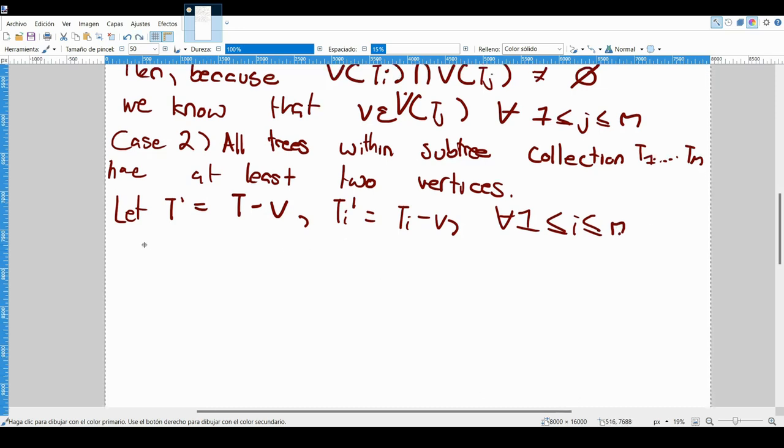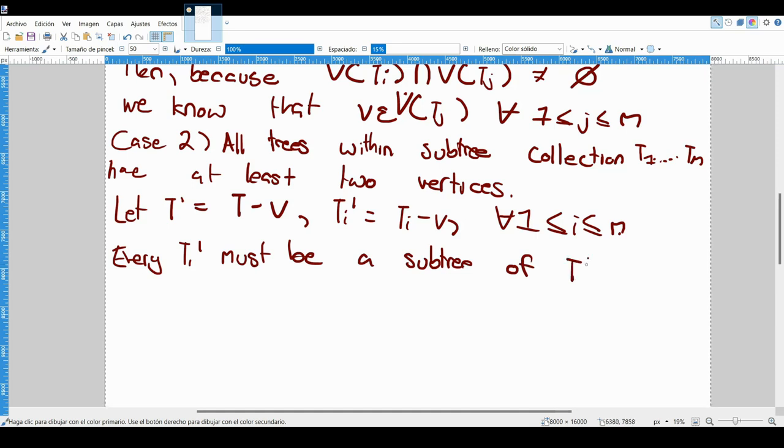So we can note that in this case, every Ti prime must be a subtree of T prime because we're just removing the one vertex and we have now a smaller one.